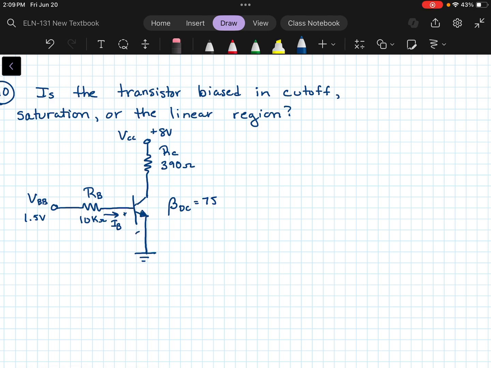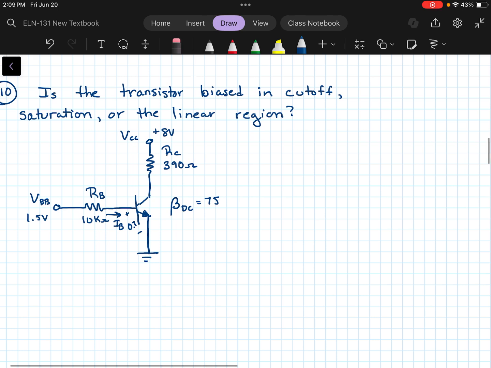You can tell that by whether you have at least 0.7 volts to bias that base to emitter region in the forward direction. And we are supplying 1.5, so it's a pretty good chance that we have at least enough voltage drop across RB to turn that on.